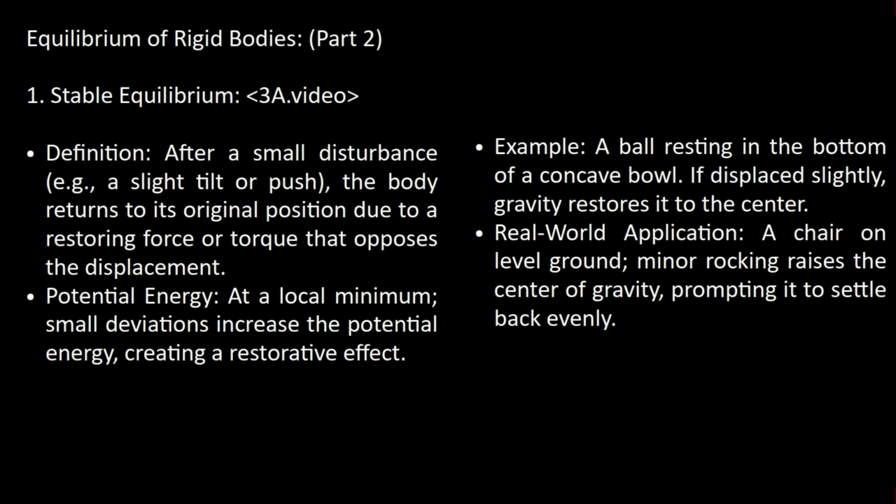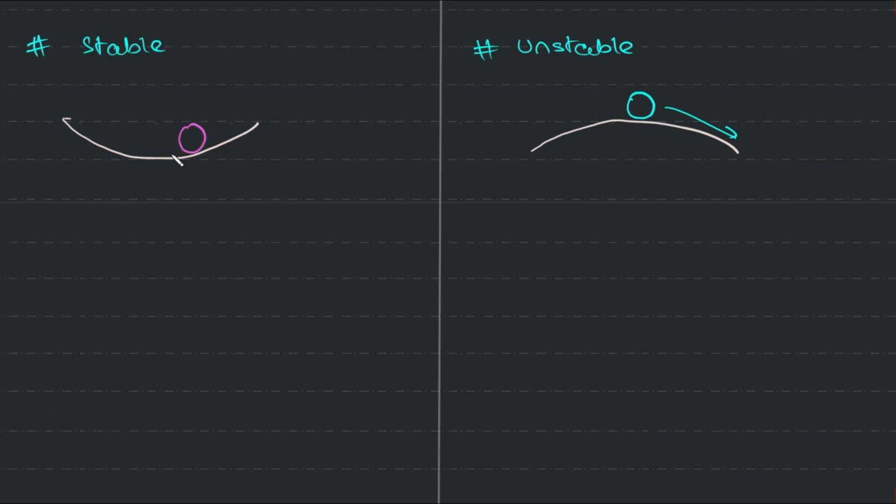So in terms of potential energy, at a local minima, small deviation increases the potential energy, creating a restoring effect. So let me explain this. This is our topic for the next chapter actually. This has potential energy which is A, and this has potential energy which is B. The gravitational potential energy at A is lesser than gravitational potential energy at B. I think that you guys can understand, right?